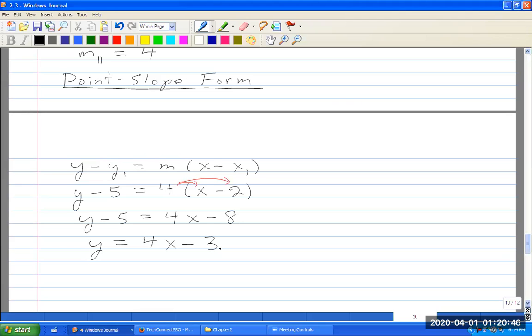And so now this is in the slope-intercept form, which is the form that we wanted. And so this is my answer.